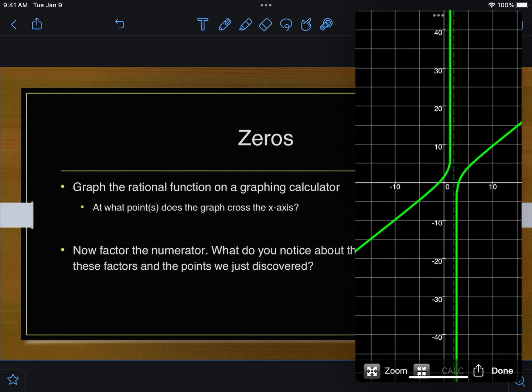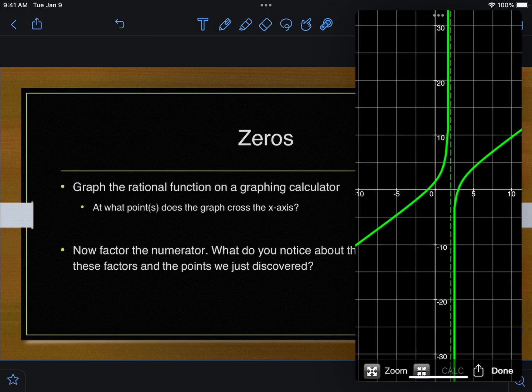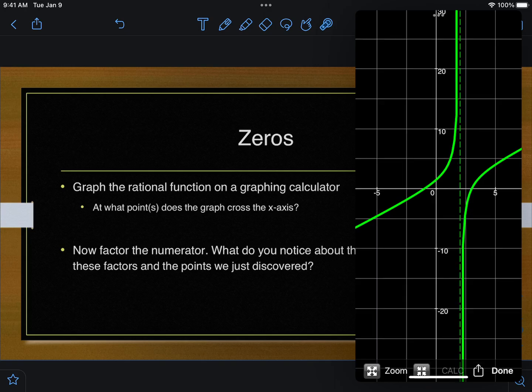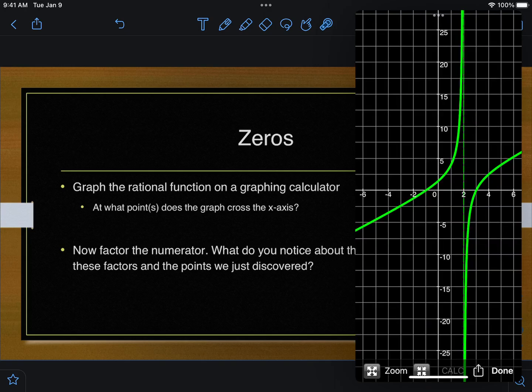Sometimes this diagonal part that runs across is more horizontal. There's usually a very vertical portion of the graph, and it's usually split into two or more parts like this. There's sort of a left side and a right side to this. Now, if we zoom in here and examine first just where the zeros are, where does it cross the x-axis?